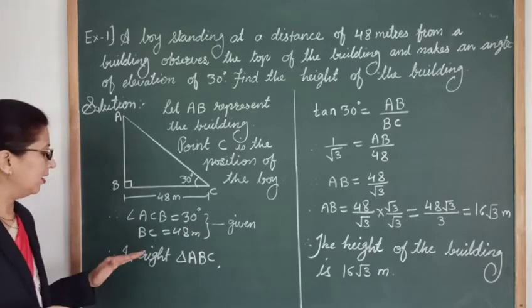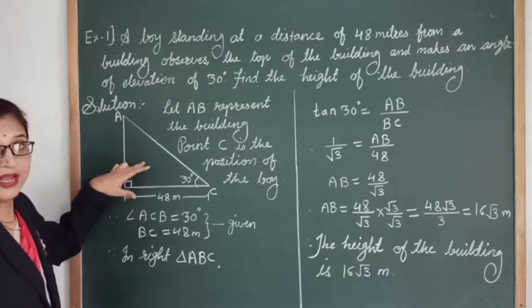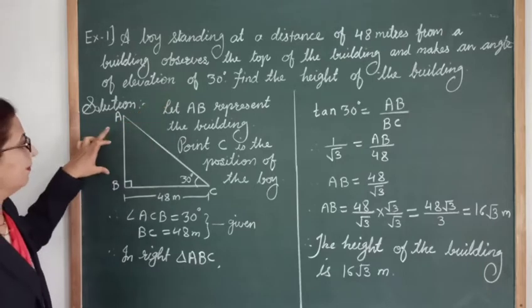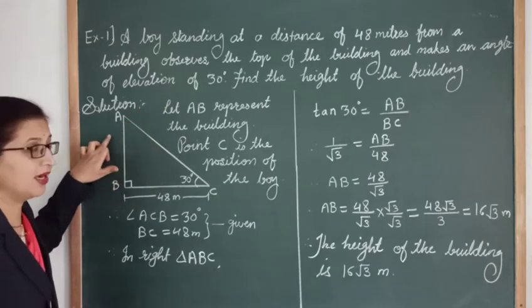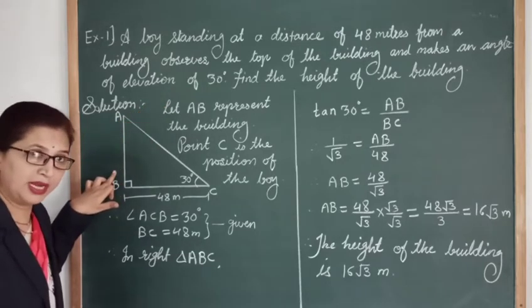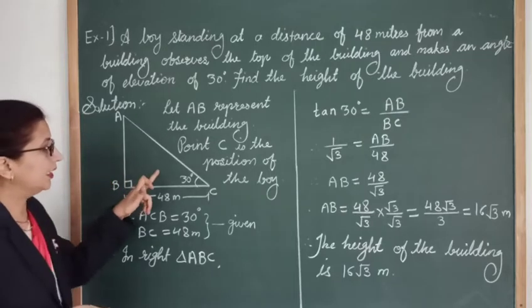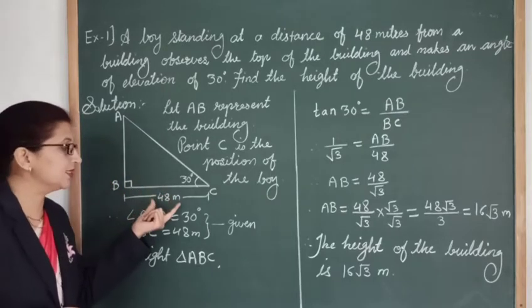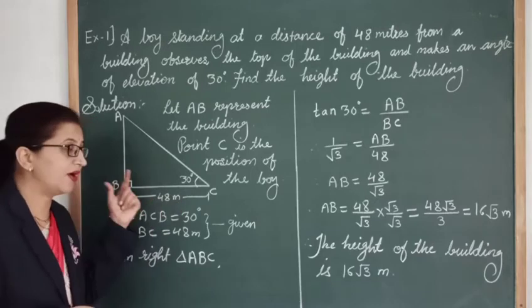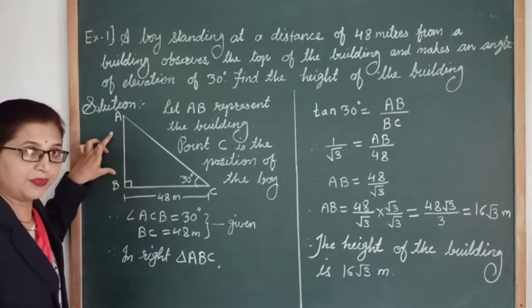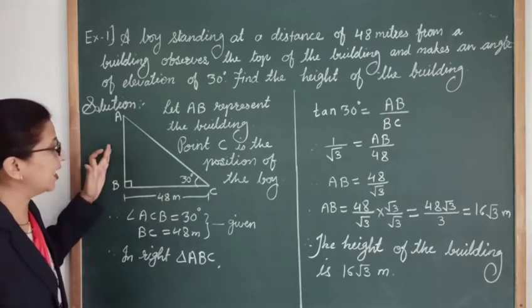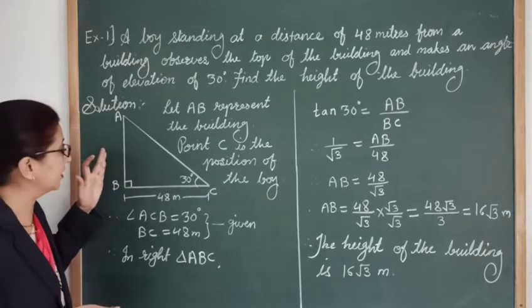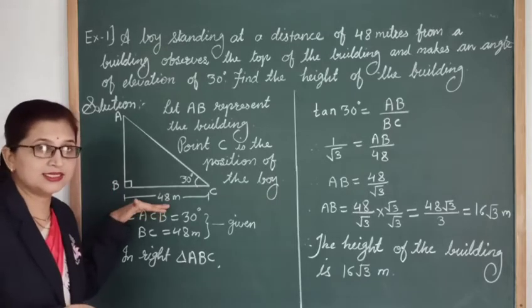Now we have to find the height of the building. It means we have to find the length of AB. Here theta is given, the adjacent side is given, and we have to find the opposite side. Which trigonometric ratio uses the opposite side and adjacent side?